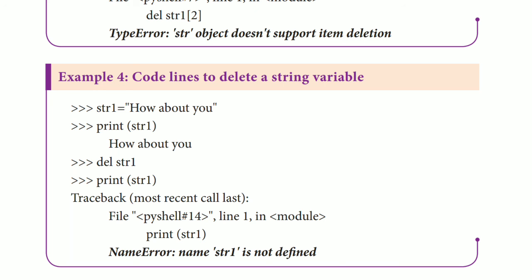In the next statement, del str1 is executed, so it will delete the entire str1. Now in the next statement, they are trying to print str1, a value which is already deleted. You can see that the computer shows an error message, name error, which means that there is no such thing called str1, as it has already been deleted.